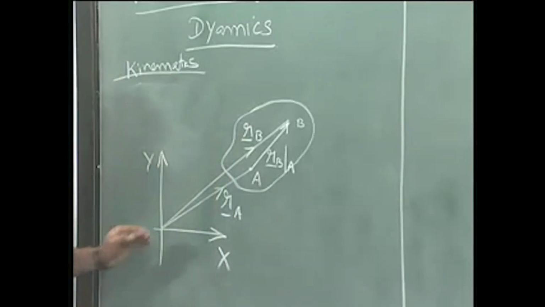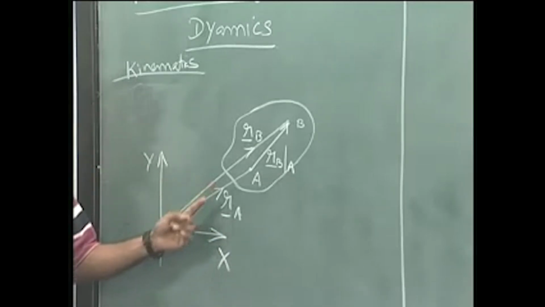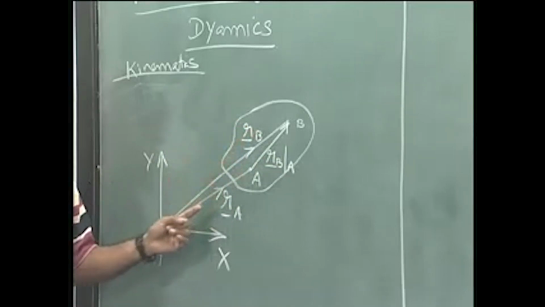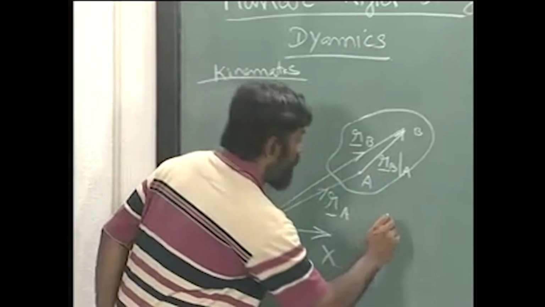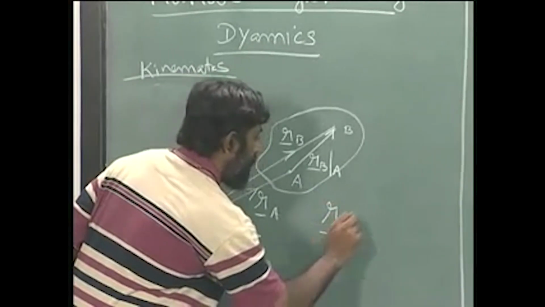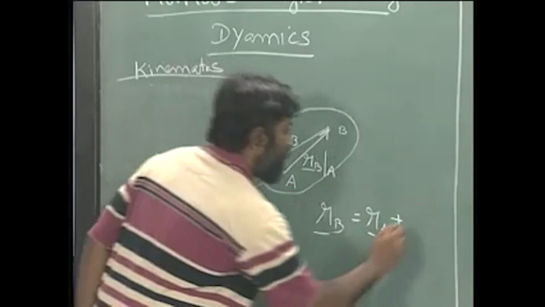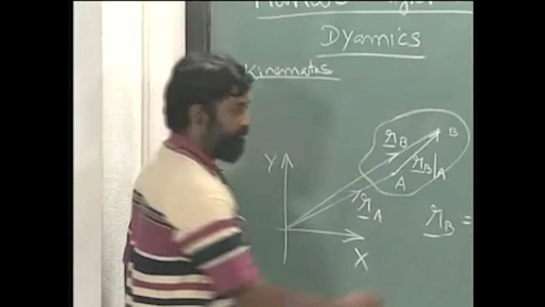We realized in the earlier module that the relationship between these locations is in terms of vectors. That is, the location of B is equal to the location of A plus the location of B with respect to A, simple.